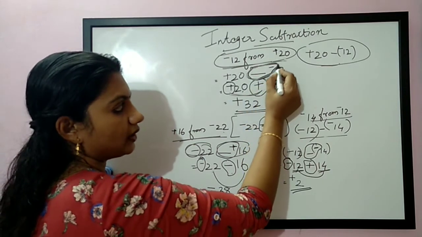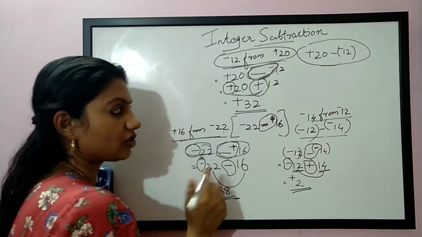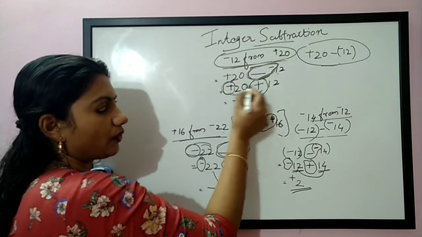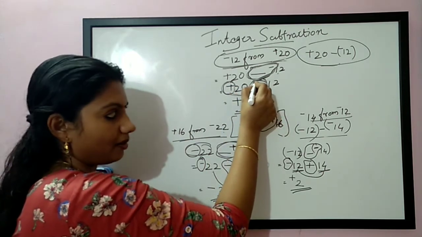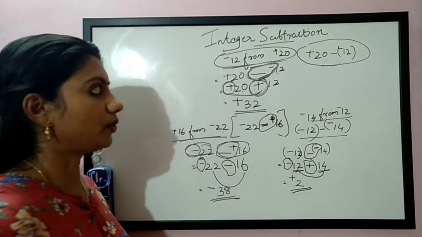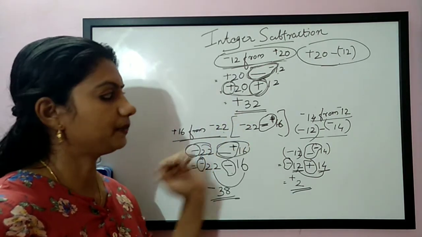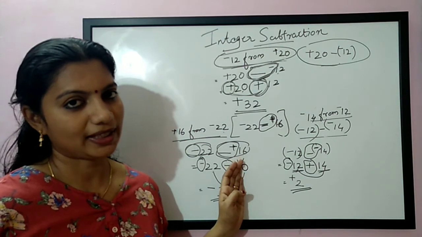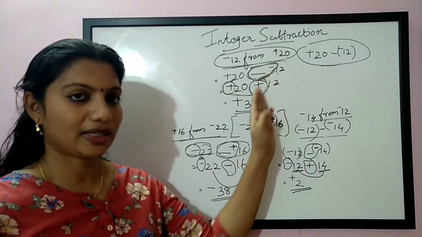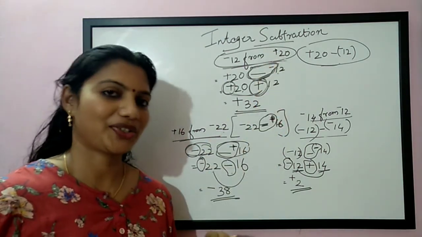Once you check these two symbols, the next symbol check is what is coming on the first number, what is coming on the second number. Accordingly, you have to do this addition or subtraction, whatever you have to do here. I hope you understood all these concepts. So be clear with these concepts and do integer subtraction.